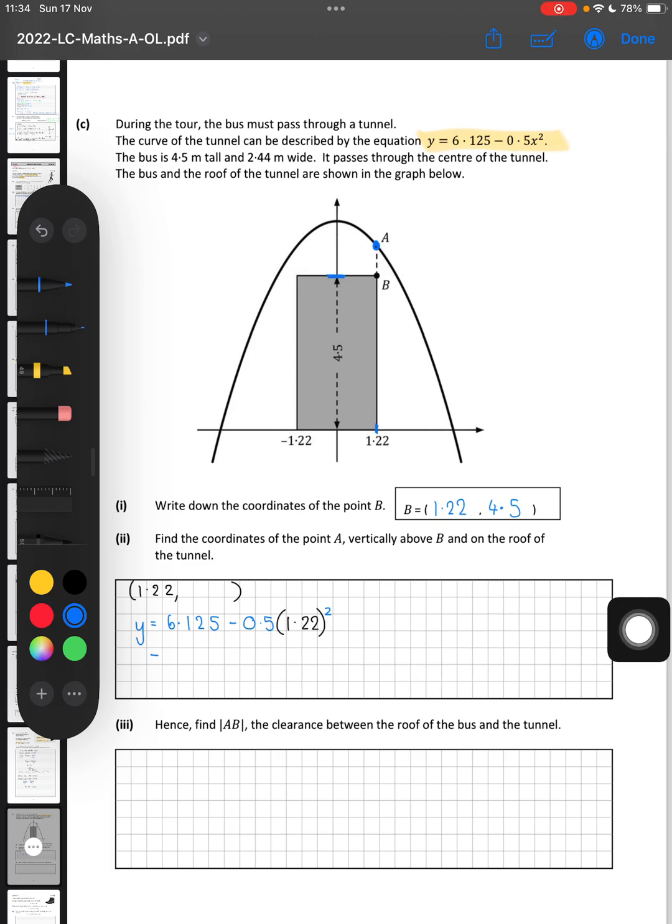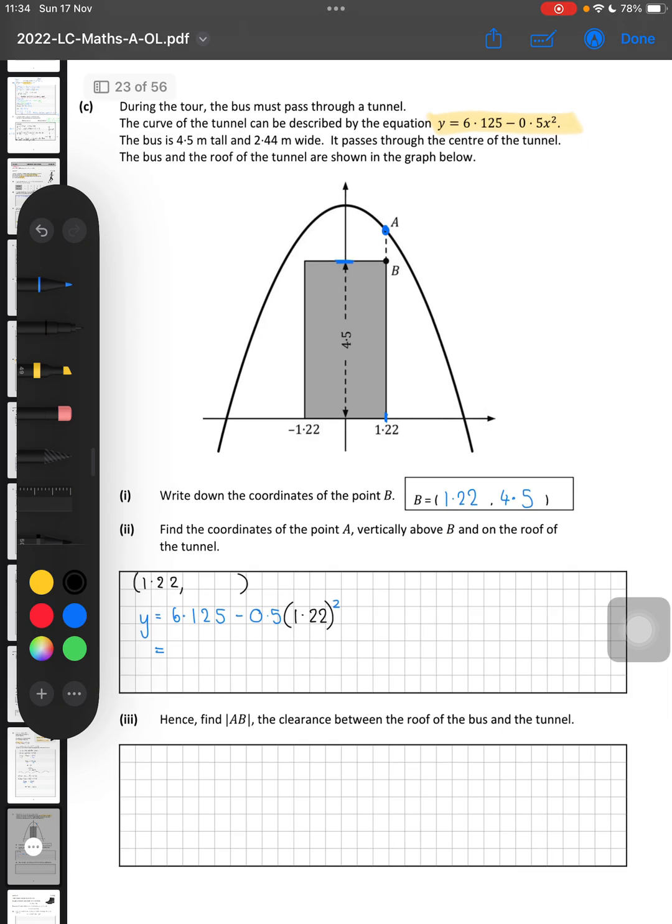Or you can just type it all into your calculator and get 5.3808. So that is my matching y coordinate here. So what was it? 5.3808. That is my point A.